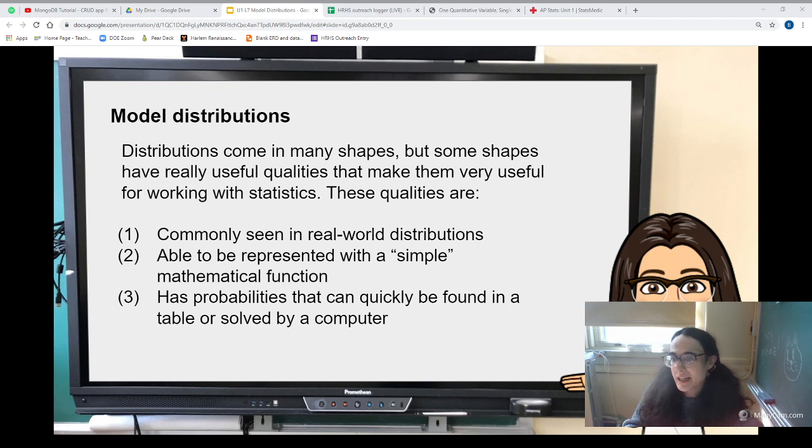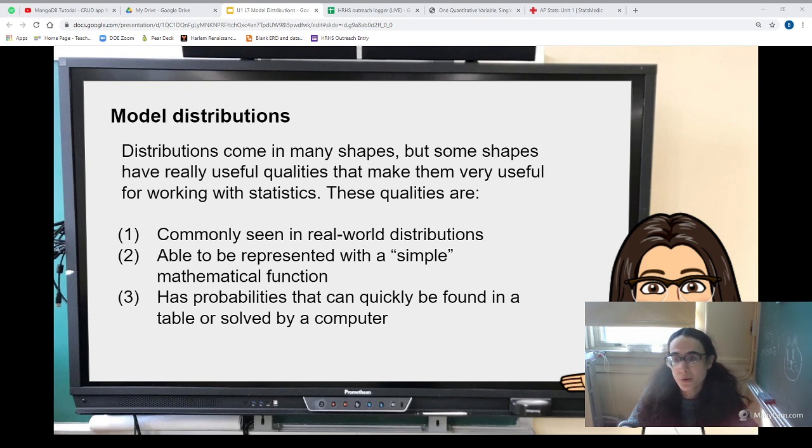If we can come up with models that can stand in for our distributions, the way that a linear function can stand in for something, models that very closely resemble real-world distributions, especially common ones, that we can represent with a mathematical function, that's great. Because if we know the right inputs, we can create this distribution.